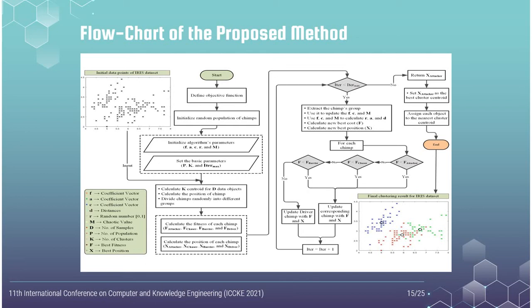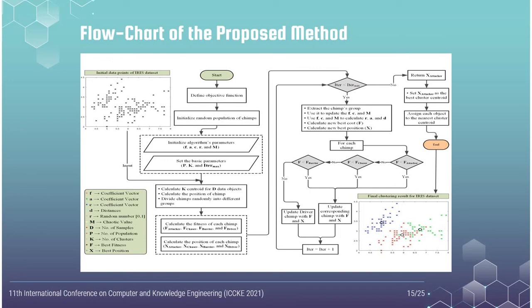After this first part of our proposed method, we calculate the fitness of each chimp and the position of each chimp. That means F, which refers to the fitness value, and X, which refers to the position of each chimp.